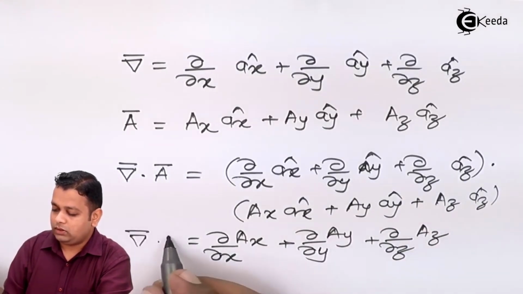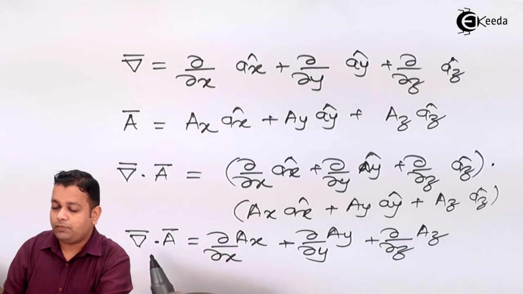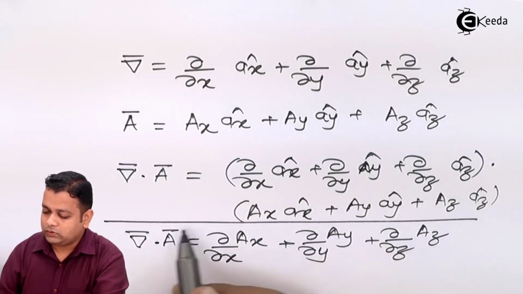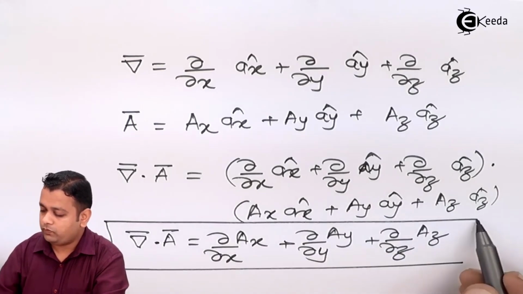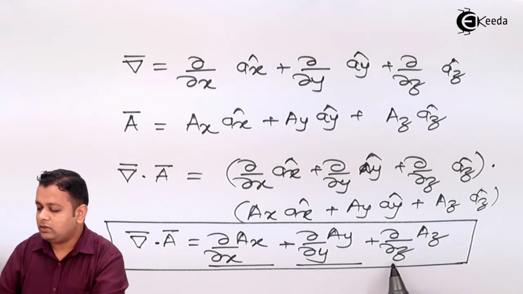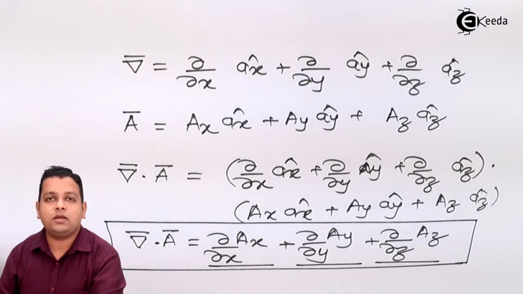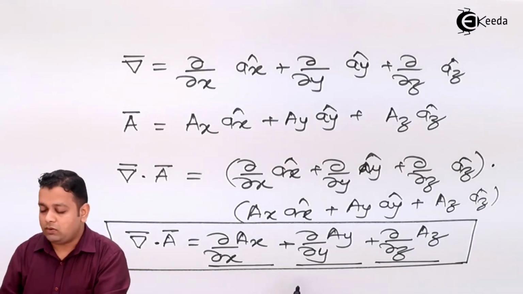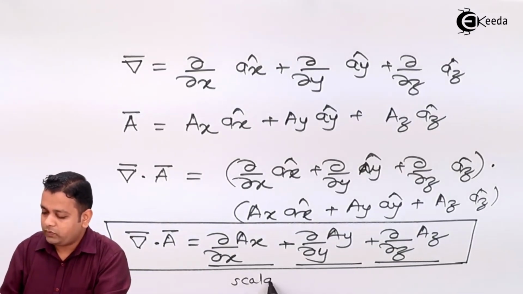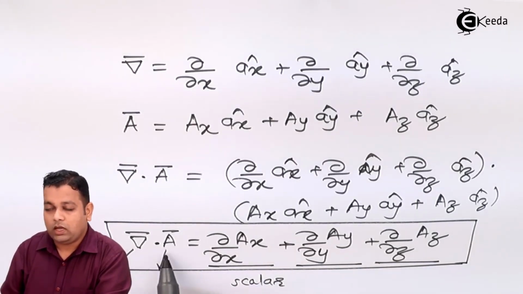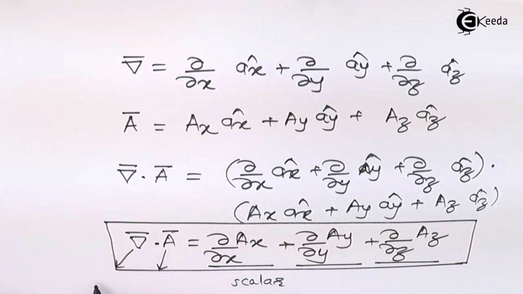So here the divergence of A, represented by del bar dot A bar, has this form, where we find three terms, and in these three terms we don't find any unit vector. So I can say that the outcome of divergence is scalar in nature, whereas both the operands A bar and del bar are vectors.